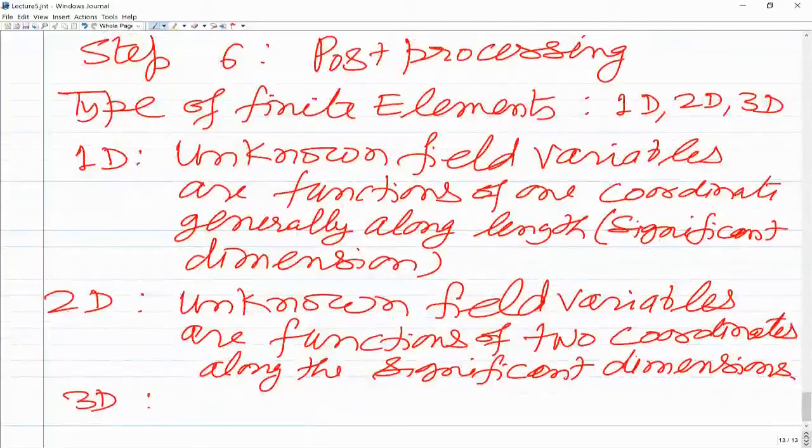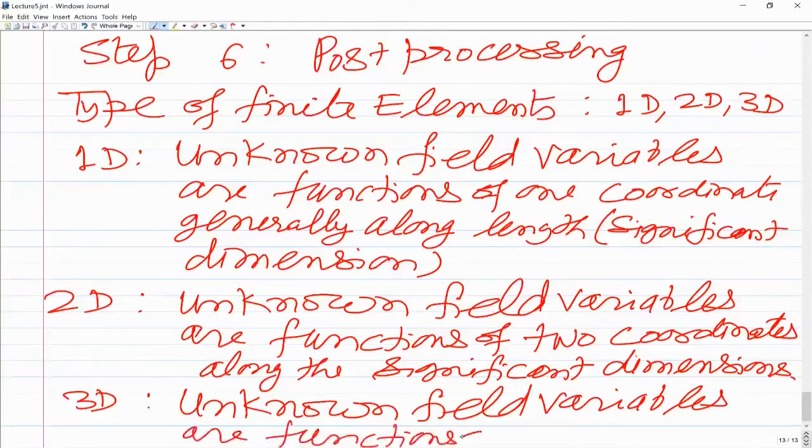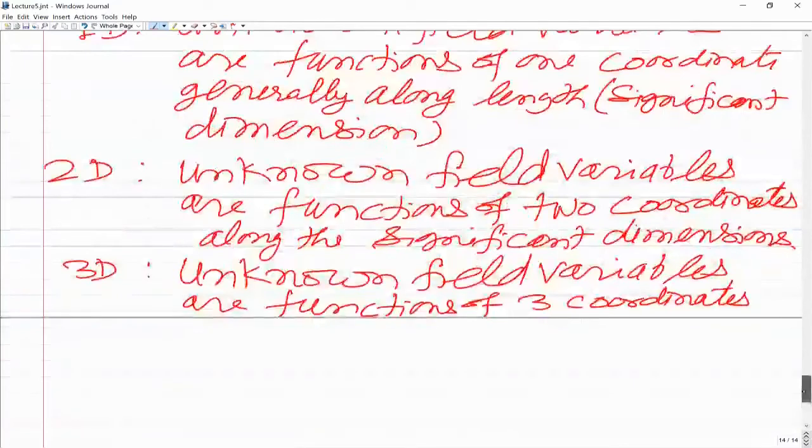Here the unknown field variables, meaning the displacements, temperature, fluid velocity, potential, depending on the problem, are functions of all the three coordinates. Coordinates means I am referring to an orthogonal set of coordinates basically.